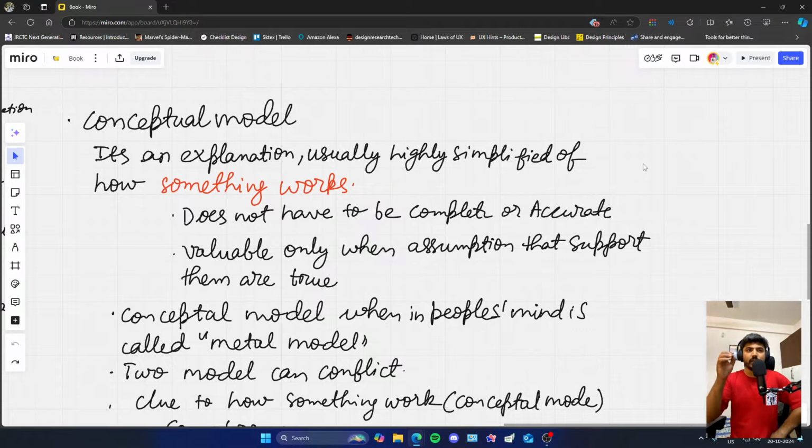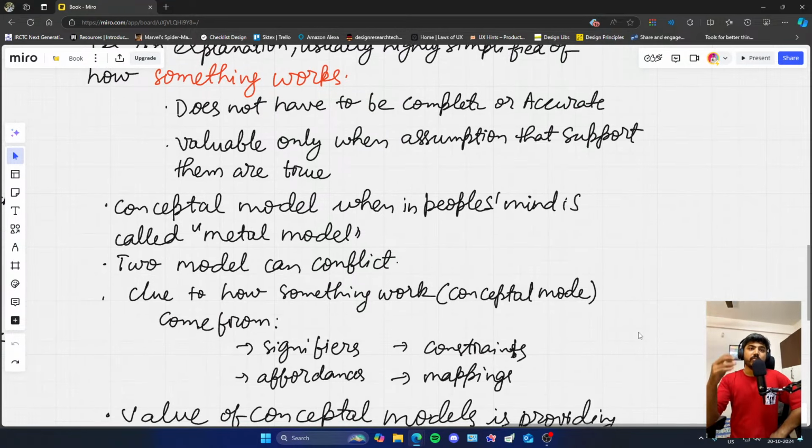Conceptual models, when in people's minds, are called mental models, and two people can have two different mental models, and thus two mental models can have conflicts, but can both be true at the same time, because if the assumptions are true, it's fair game.